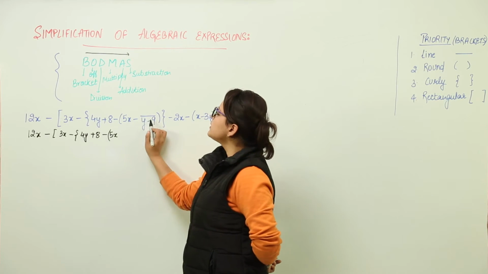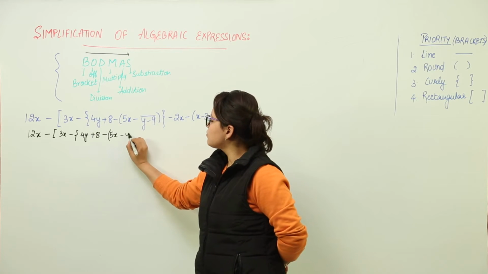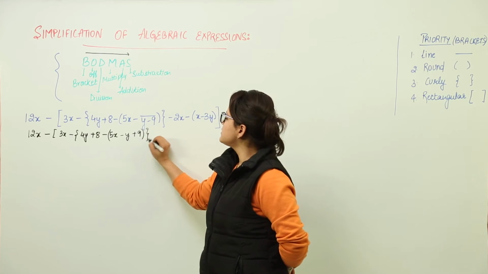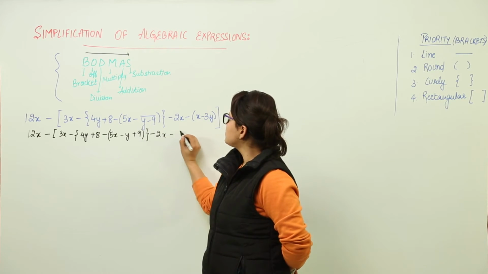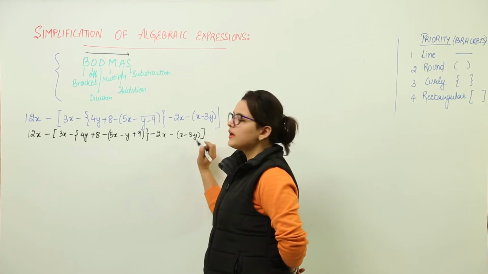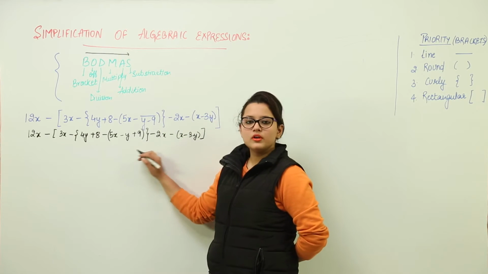Now when you open this bracket, the minus sign will get multiplied. So we get minus y minus minus plus 9, and that's it. We write the rest of the terms as they are. In one step, apply only one step. Then we can see we have got rid of the line bracket.